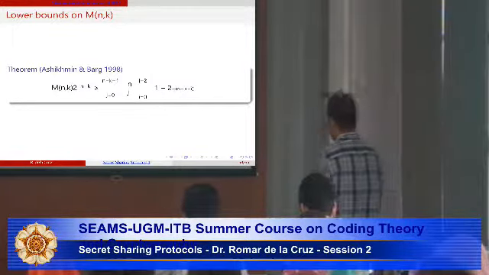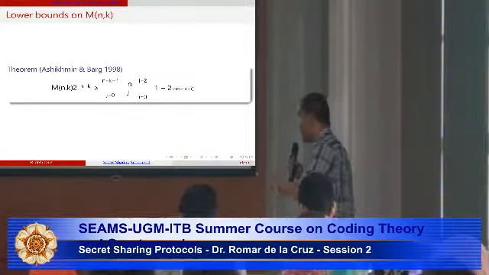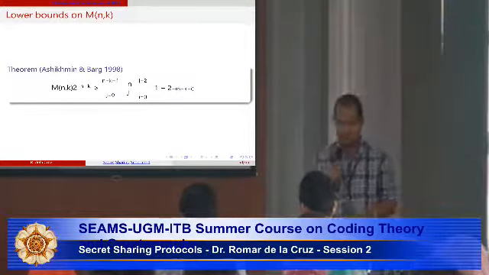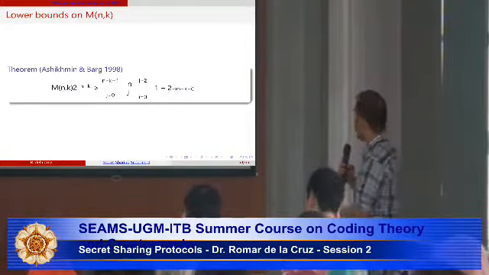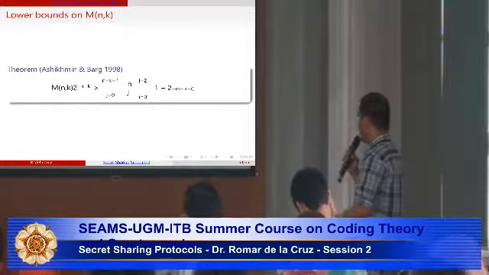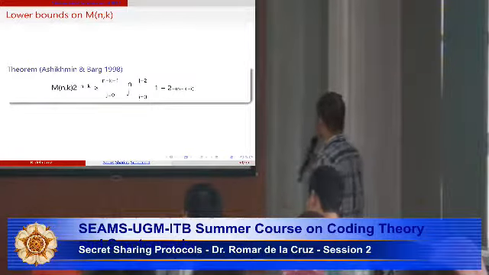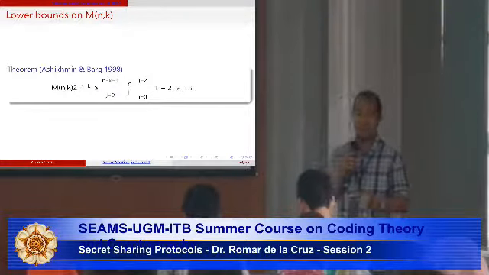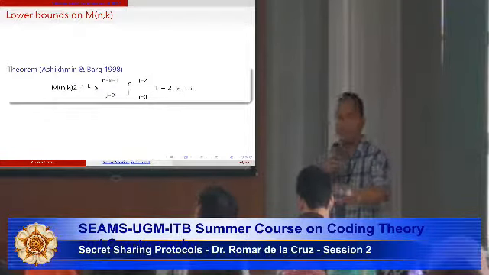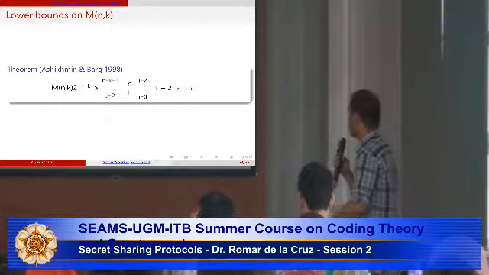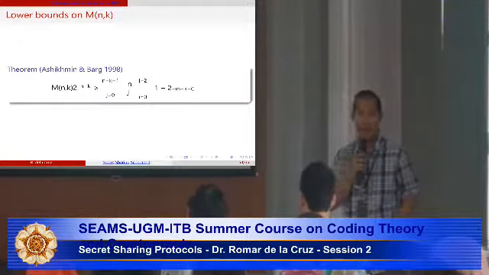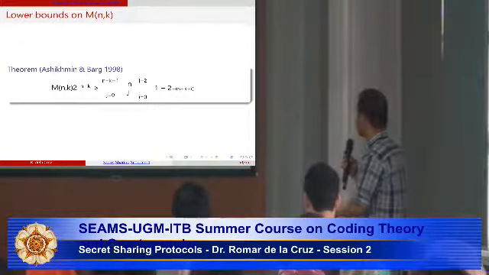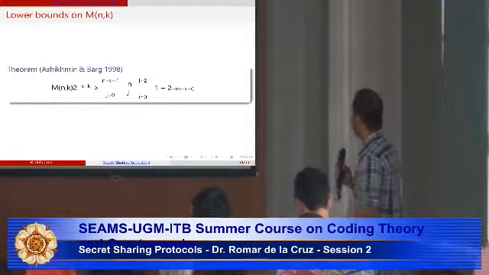Now, for lower bounds, there are actually only 2 lower bounds. One of them is the following, by Ashikmin and Barg. Here they use random coding. They take a random code and compute the expected value of m of n,k, so they will have this lower bound.